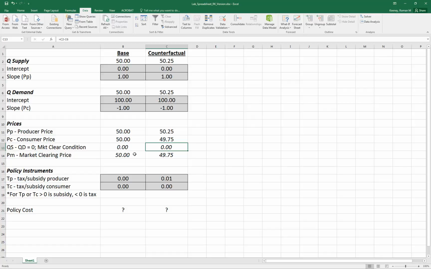But they don't, right? When they increase supply, the demand changes, and the price that the demand side of the market is willing to pay changes, and it actually moves down.